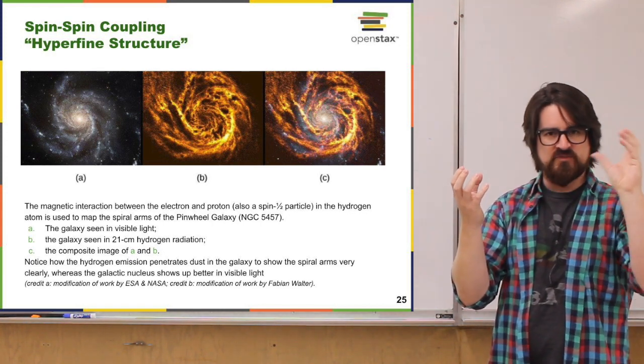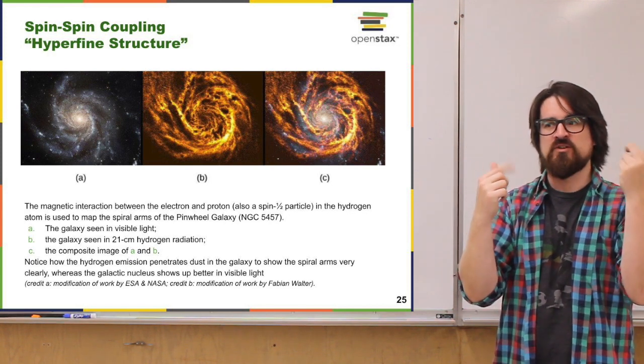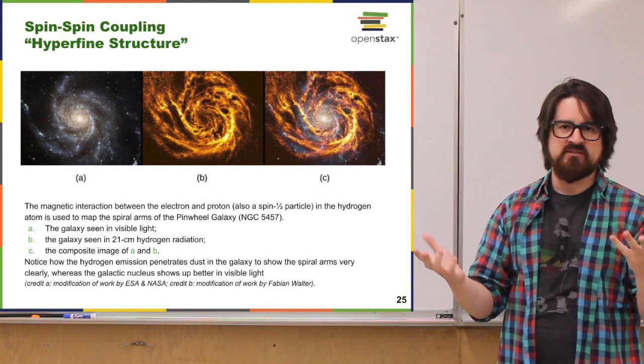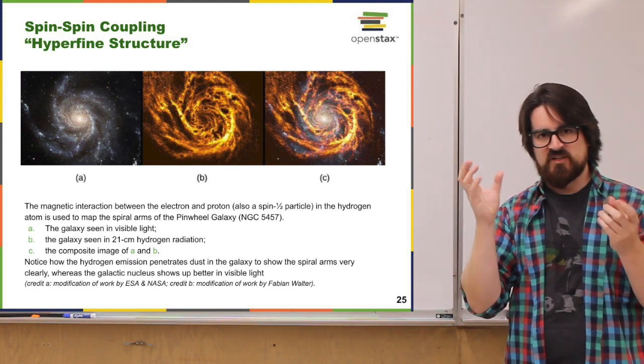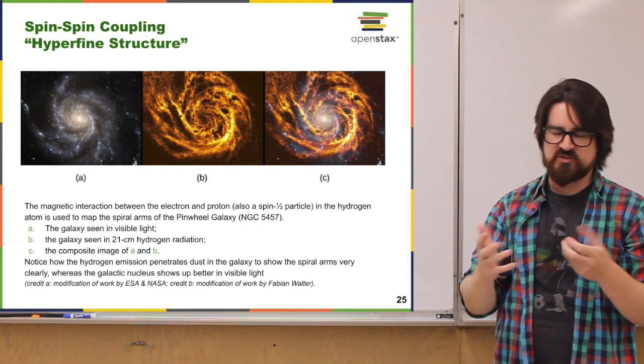So essentially the spin of the proton and the spin of the electron result in magnetic dipoles, and those can also interact. The energy there is even smaller than it was with the electron spin and its orbit. Right? That was the spin-orbit coupling. It gave us a fine structure.